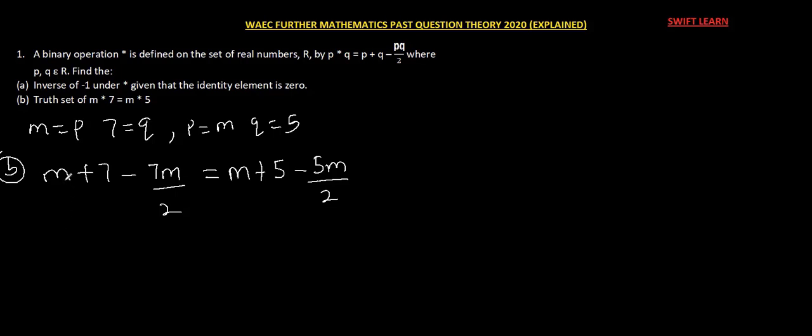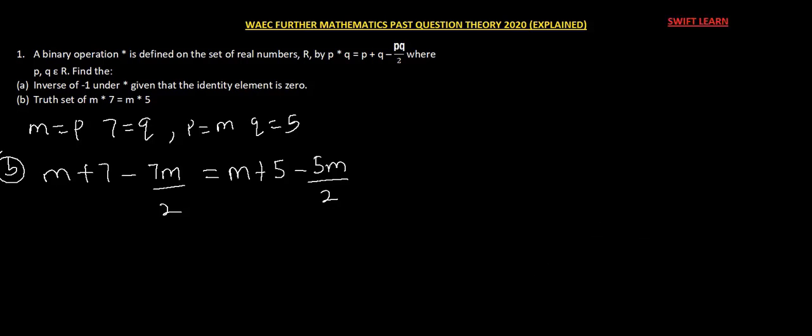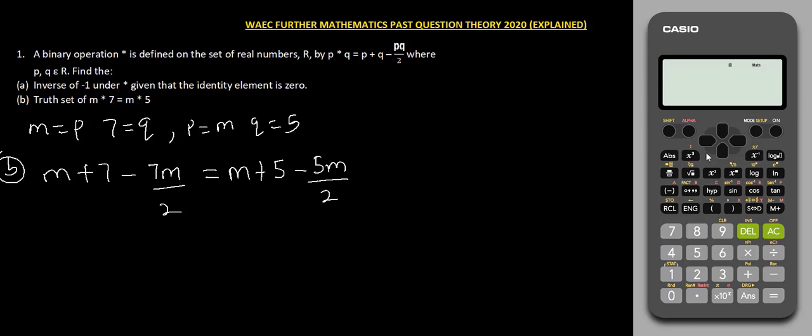Okay, so we have M plus 7 here, let's just work on this, please. You have 1 minus 7 over 2. What is 1 minus 7 over 2? Thank goodness we have our calculator here. So let's do 1 minus 7 over 2.